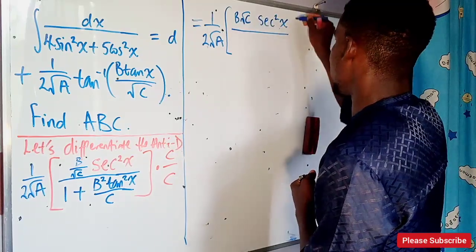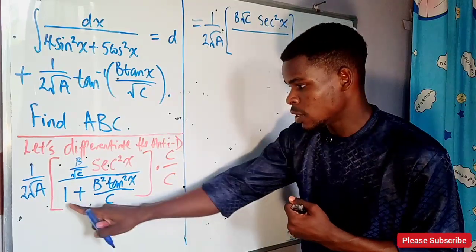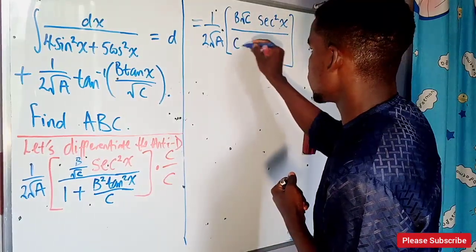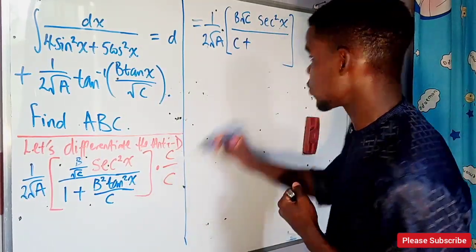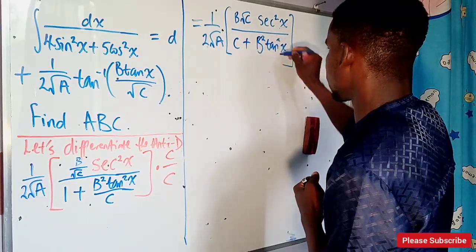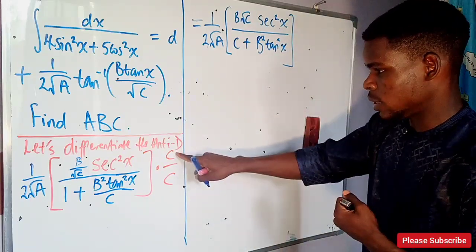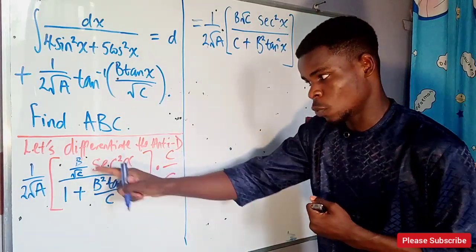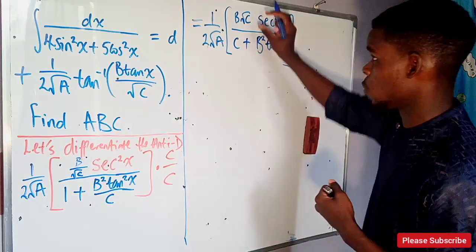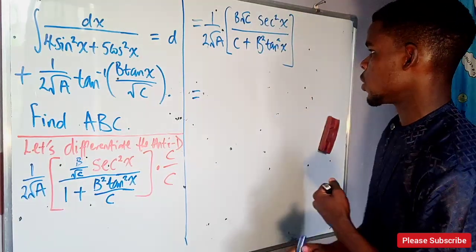That is divided by c times the denominator: c times 1 will just be c, plus c times this fraction will just give us b squared tangent squared of x, where this c and that c will cancel. So c times 1 over the square root of c will just give us the square root of c at the top, multiplied by b. Very nice.